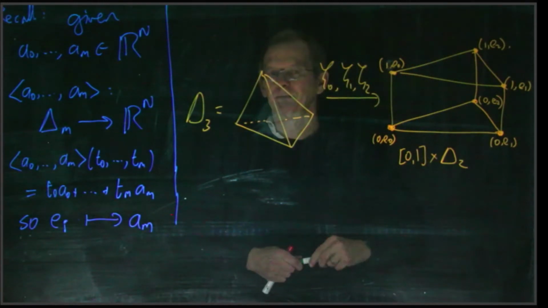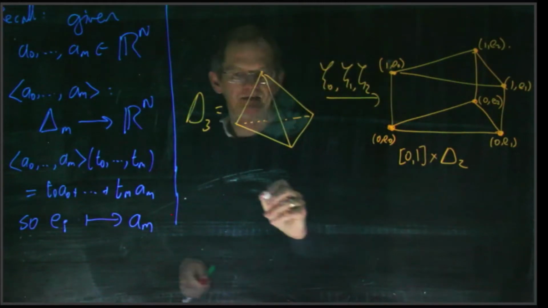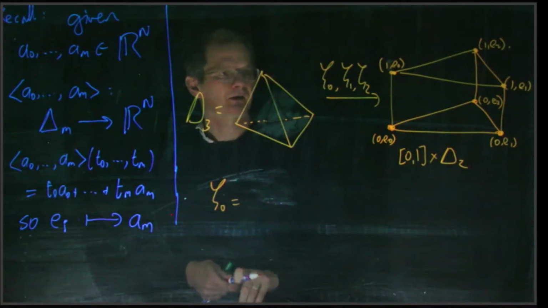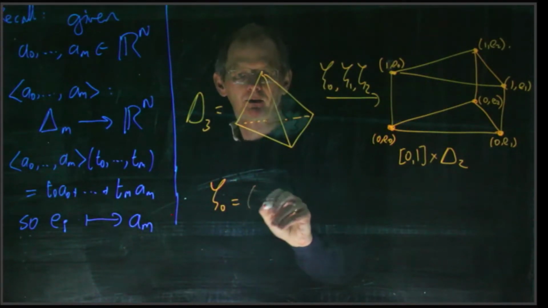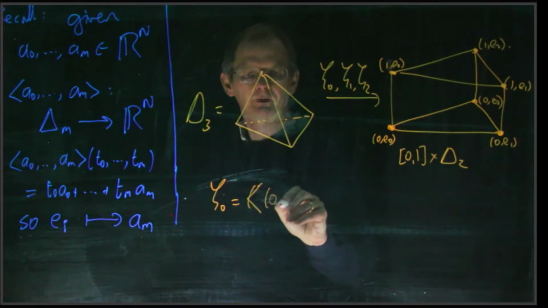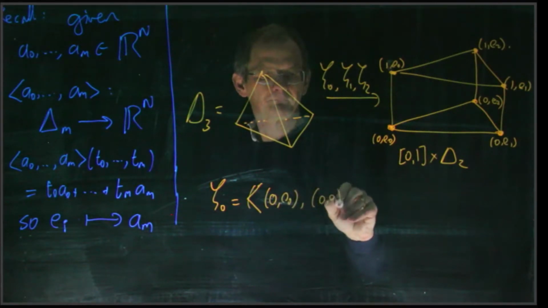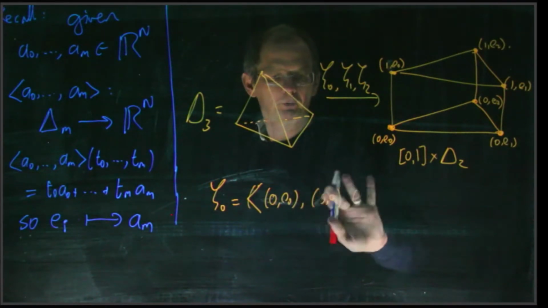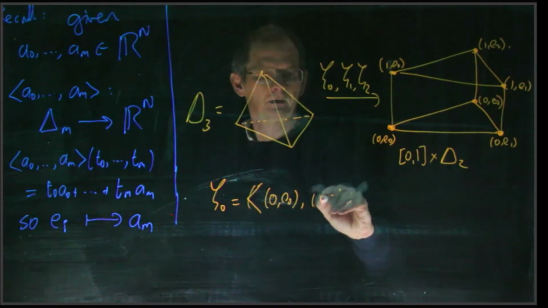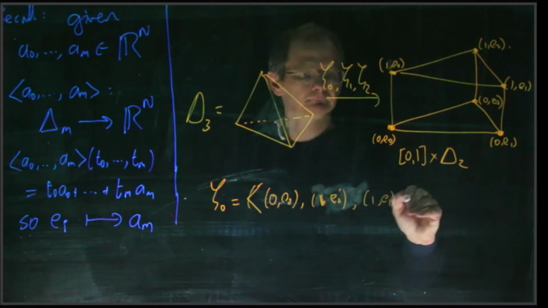So that's what we mean by linear simplices, and in this case ζ0 is going to be the simplex like this. We go 1e0, 1e1, 1e2. Sorry, wrong way around.